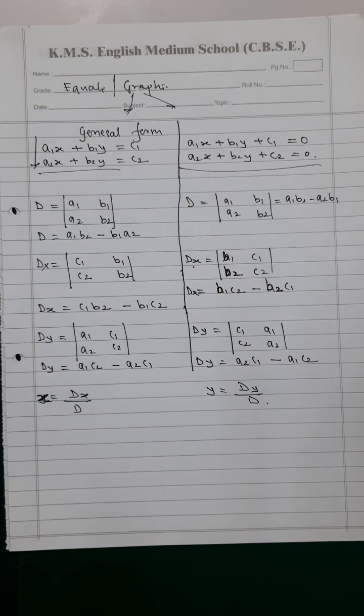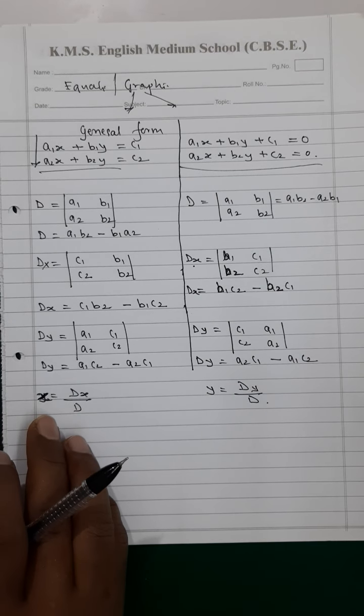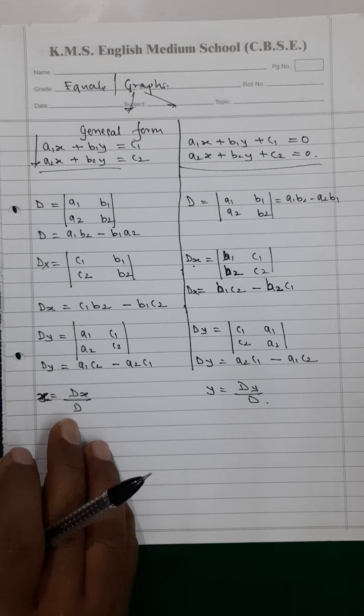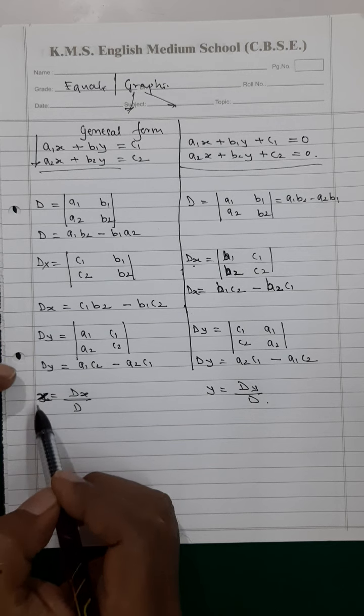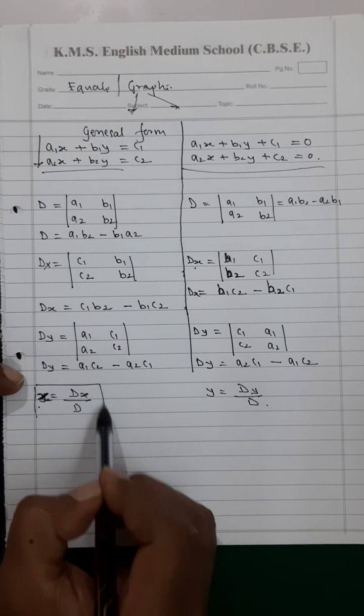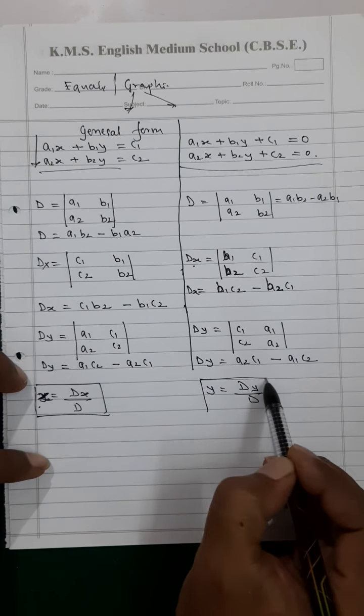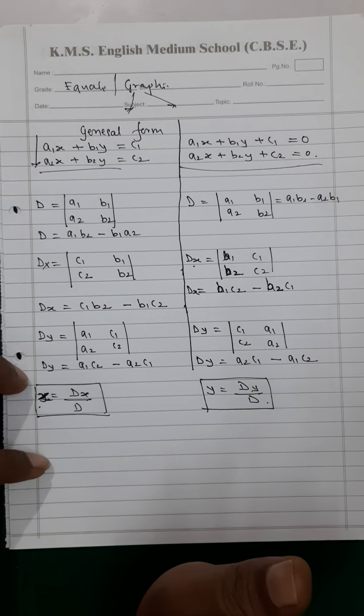Because when it comes to the cross multiplication method, there are even more ways of presenting this. We separate d, dx, and dy, and then find x by calculation dx upon d, and y by calculation dy by d.